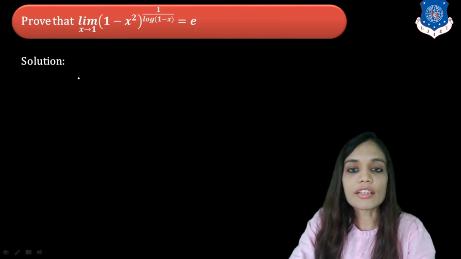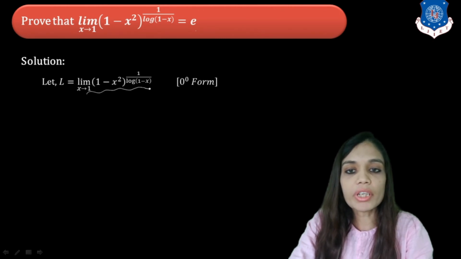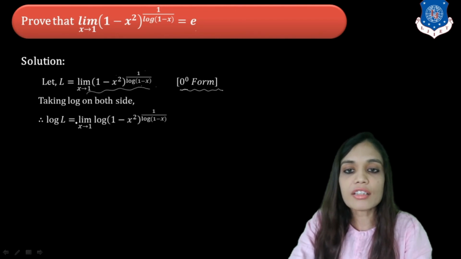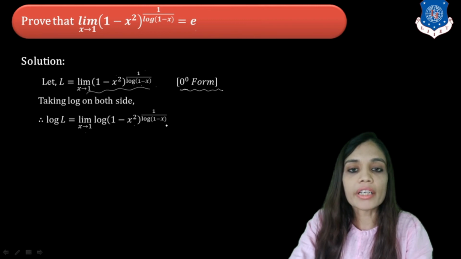Okay. So let us start the solution. We will assume L as our given limit. Again apply log on both the sides. So you will get log L is equal to limit x tends to 1 log (1 minus x square) whole raised to 1 upon log(1 minus x).